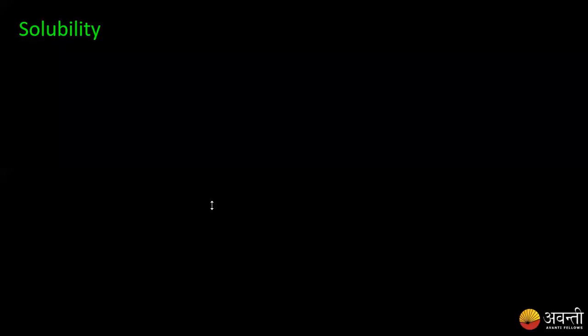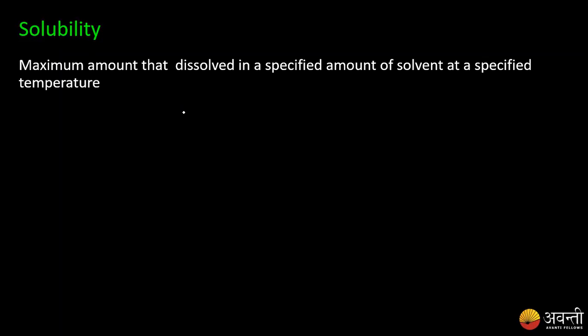Well, not exactly. Basically, solubility is the maximum amount of a substance which can be dissolved in a solvent. The maximum amount of solute which can be dissolved in a particular solvent is known as solubility, at a specified temperature.